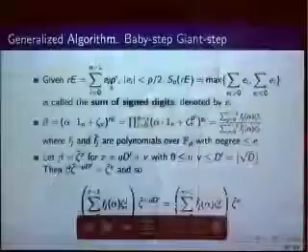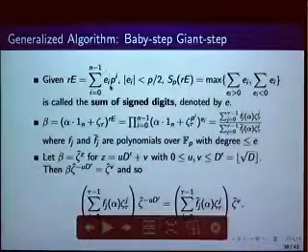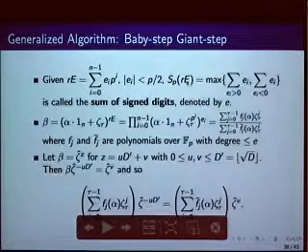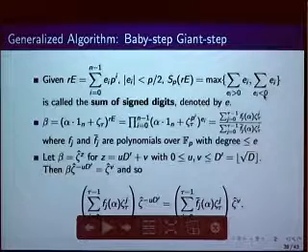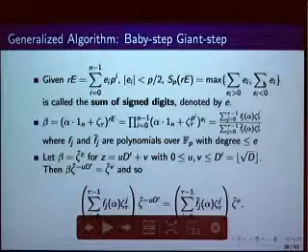Let me introduce the sum of digits. What is the sum of digits? Given this element, we expand it as a p-adic expansion. If all the coefficients e_i are positive, the sum of digits is just the sum of them. But the sum of signed digits means we take the maximum of the positive coefficients and the negative coefficients.